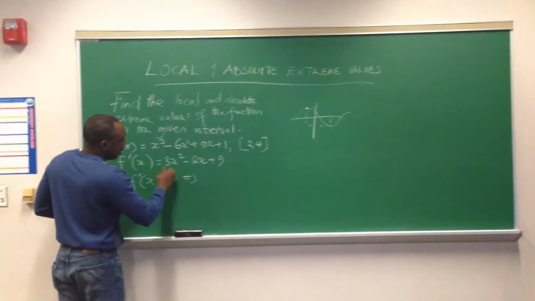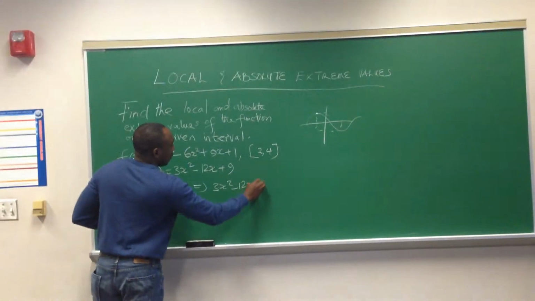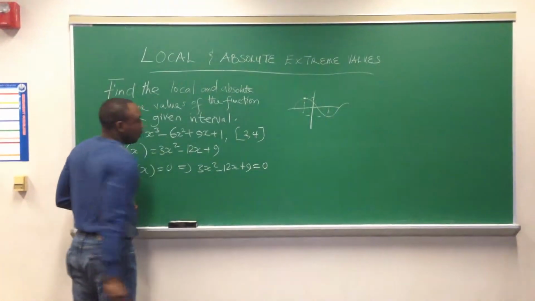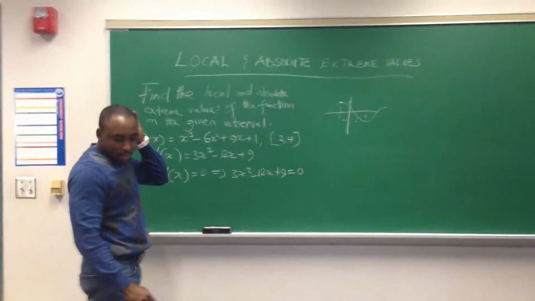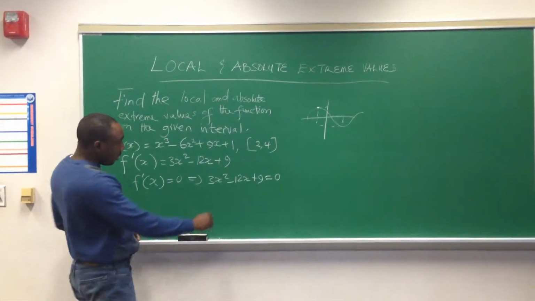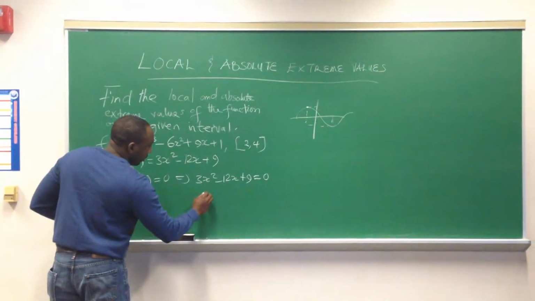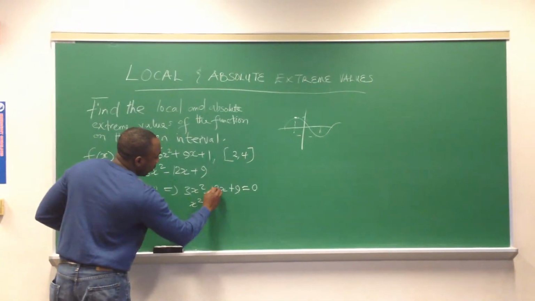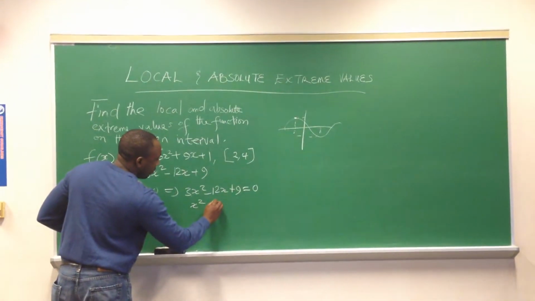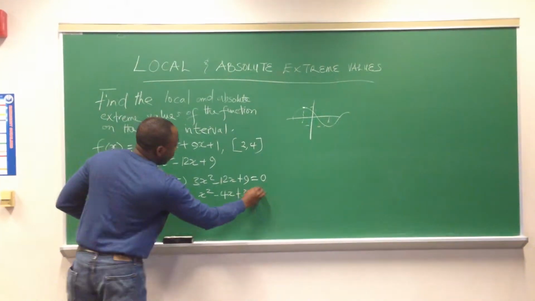This implies 3x squared minus 12x plus 9 equals 0. To factorize it, I can divide everything by 3. So it gives me x squared minus 4x plus 3 equals 0.